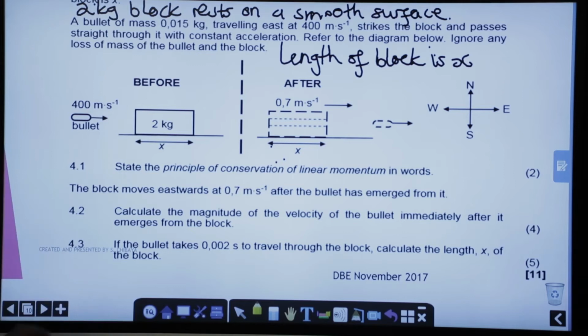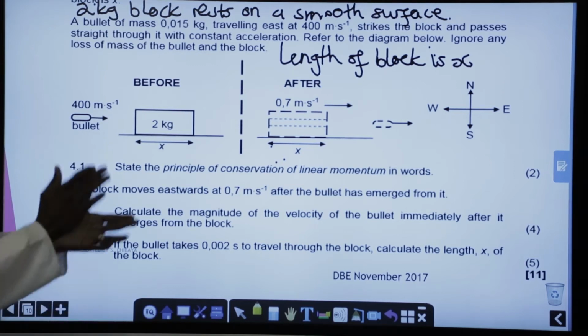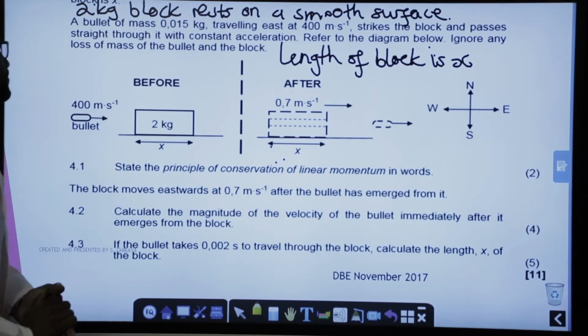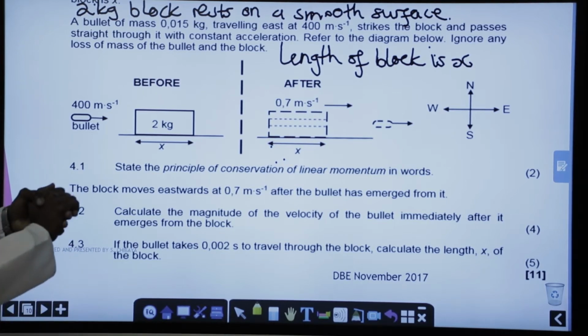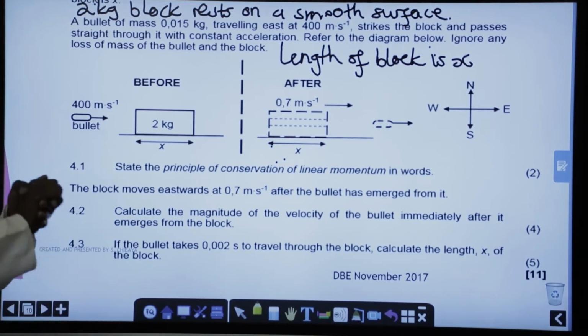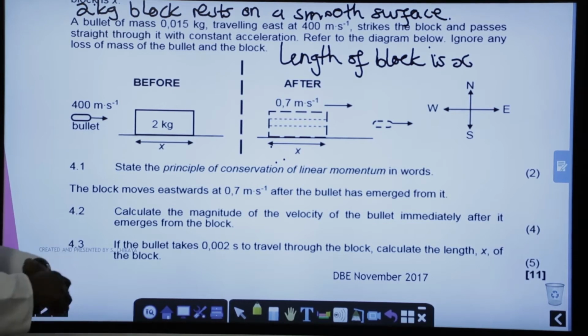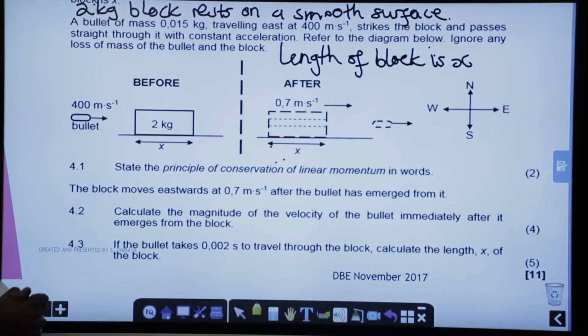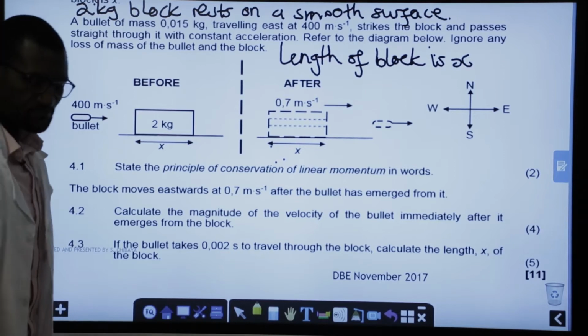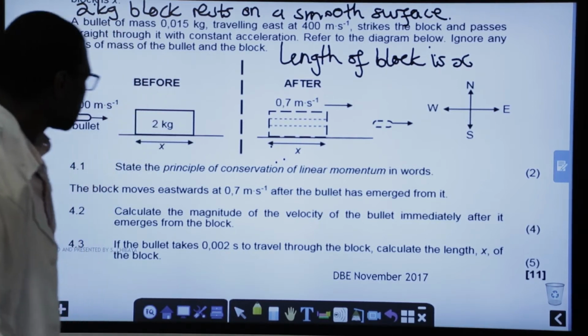Now a bullet of mass 0.015 kg traveling east at 400 meters per second strikes the block, and passes straight through it with constant acceleration. Refer to the diagram below. Ignore the loss of mass of the bullet and the block. So what is happening?